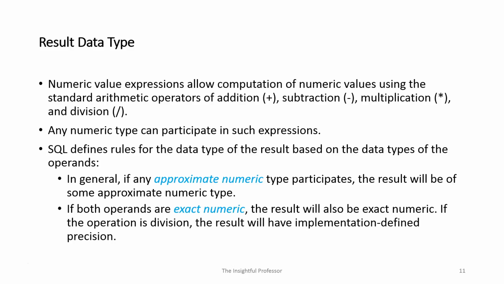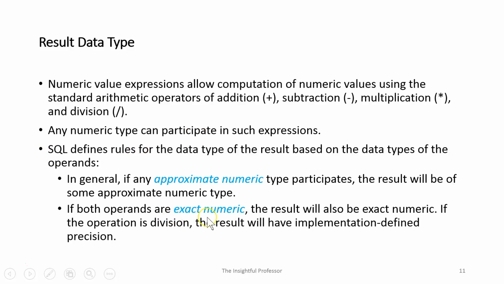It's approximated. So things like floating points are approximate data types. And what this first statement says is, if you have a floating point involved in a computation, the result is likely going to be some floating point number. Maybe it will be single or double precision, but that's not critical. The point is it's going to be an approximation because an approximate data type participated as an operand.